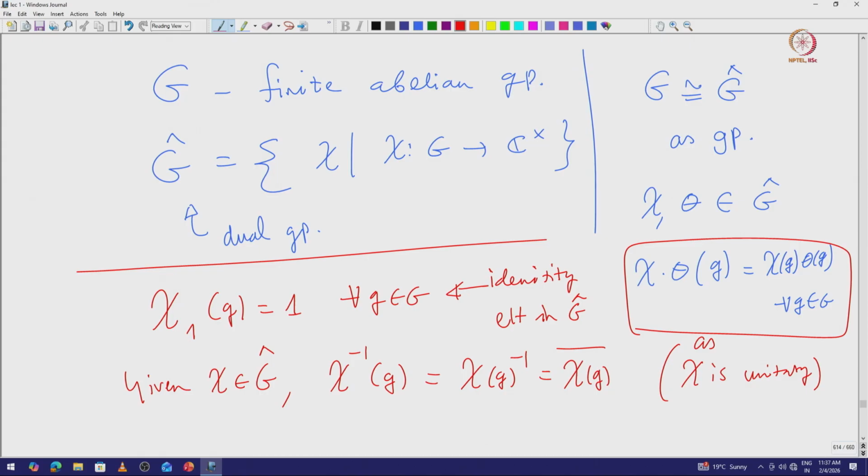Now with this we can actually work with functions on G hat.